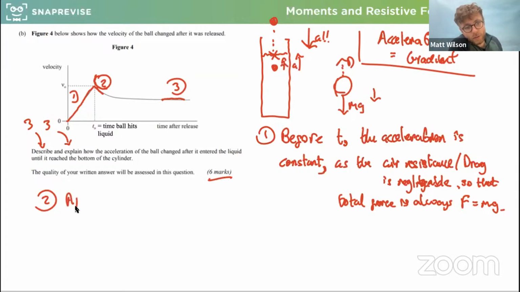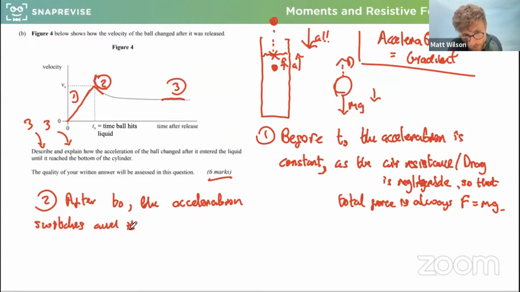So after T naught, the acceleration switches and is upwards. Okay, why would there suddenly be an upwards acceleration? Because we're in something viscous now, so we're going to really feel the drag here. There's going to be a big drag force, so big that it's actually bigger than the weight in this case.